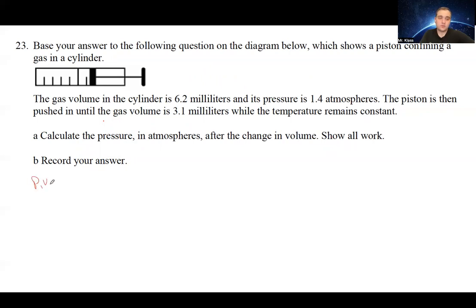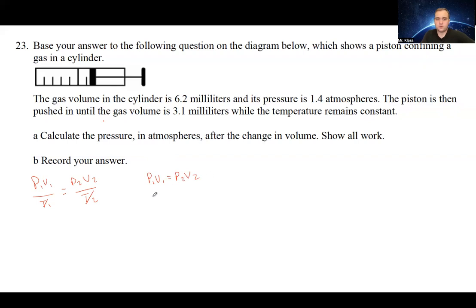Okay, let's write out our formula. P1 V1 over T1 equals P2 V2 over T2. We hear that the temperature remains constant in this syringe, so let's cross out temperature. And now we get a final formula of P1 V1 equals P2 V2. All right, so now let's plug things in.